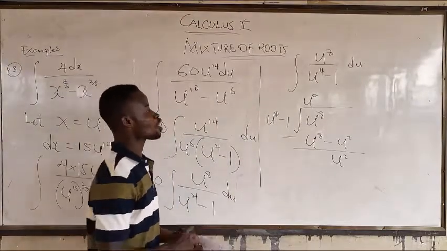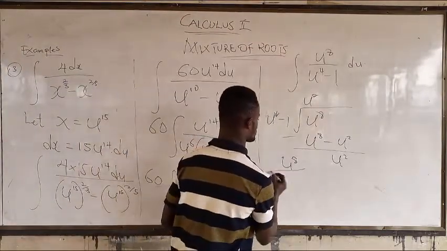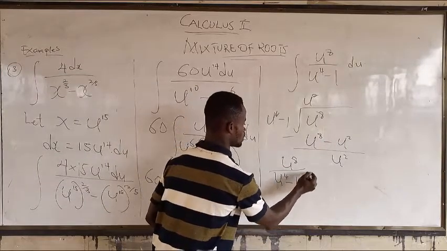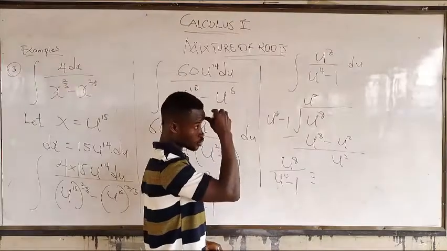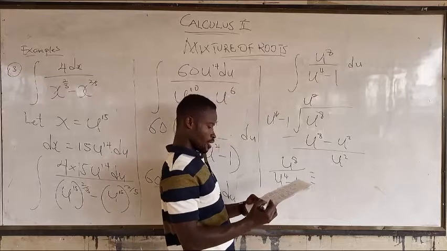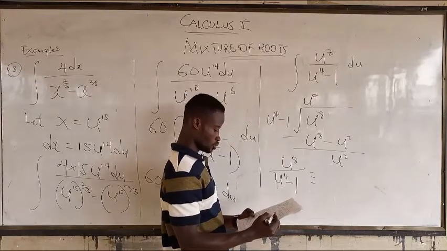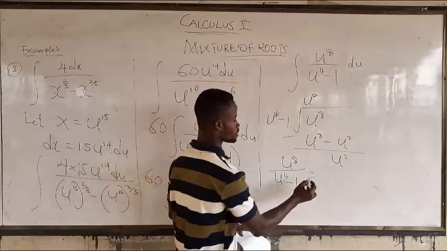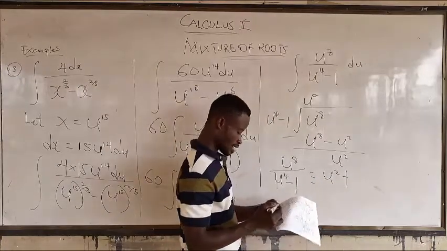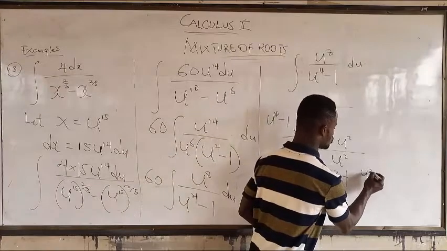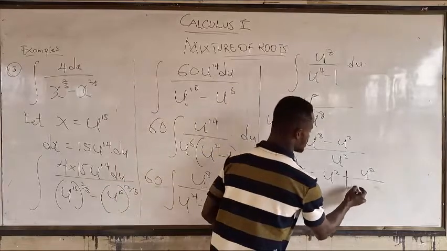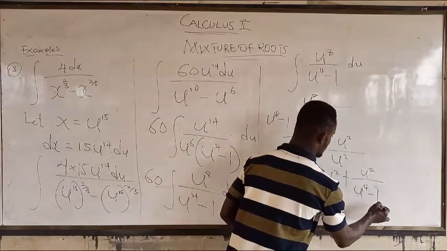Therefore, the improper fraction is going to be identical to the quotient, which is u squared, plus the remainder, which is u squared, over the divisor, which is u to the power 4 minus 1.